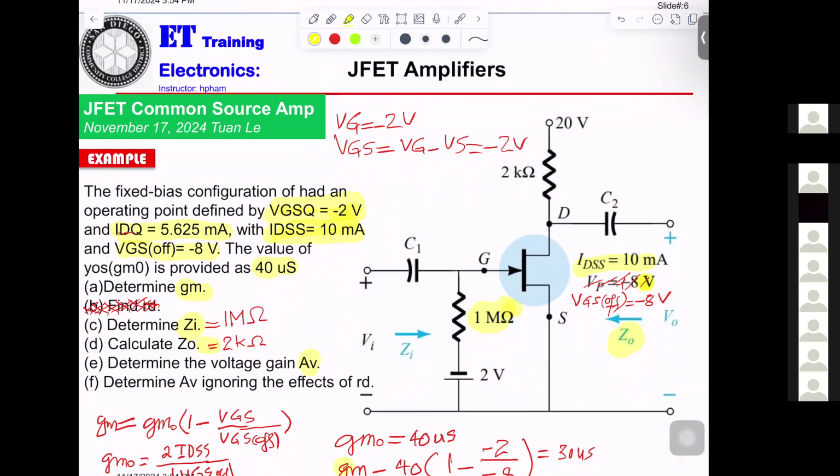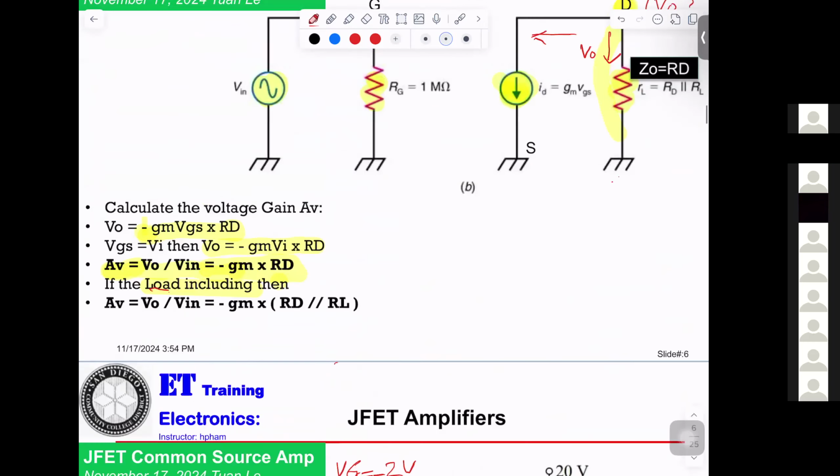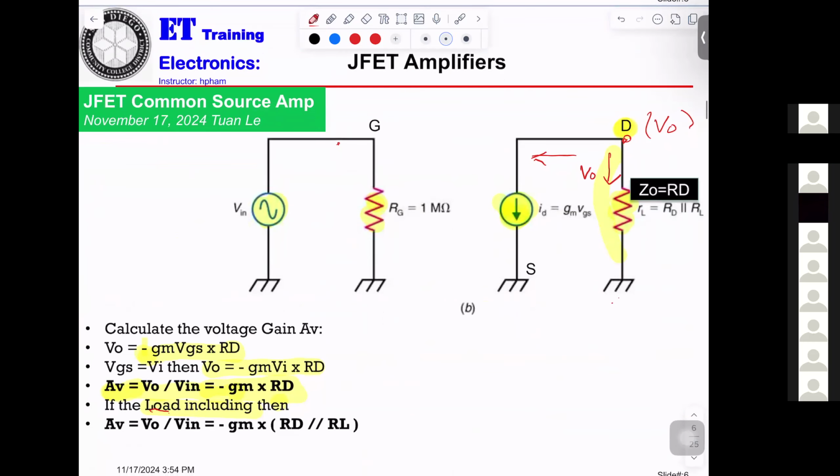So 2 kilo ohm over 1 mega ohm. Yes, you minus gm times minus gm times RD.